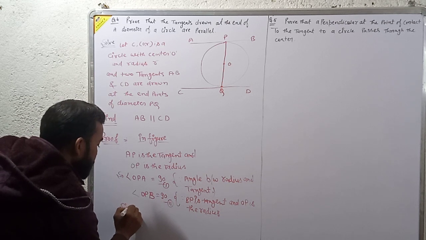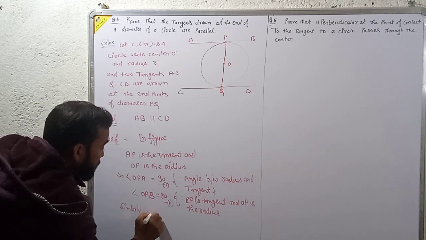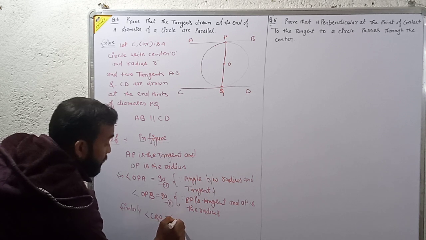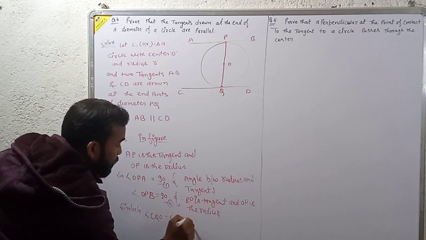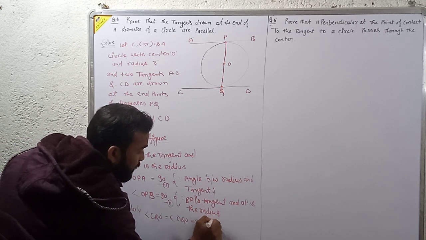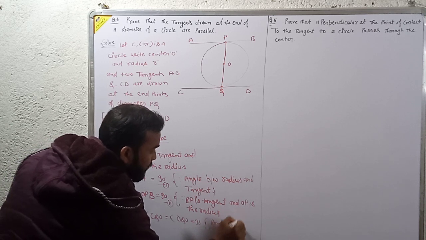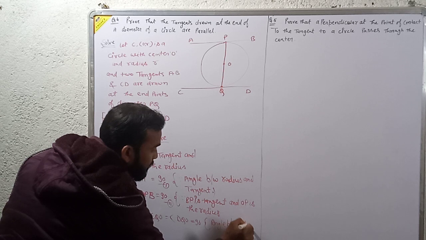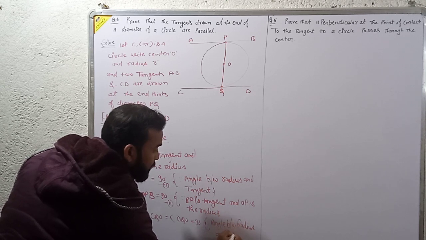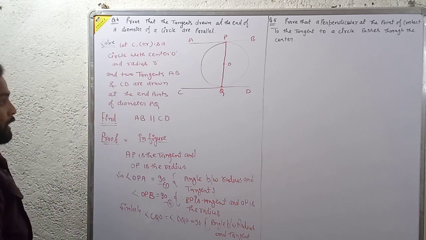Similarly, angle DQO is equal to 90 degrees, the angle between radius and tangent. Clear?